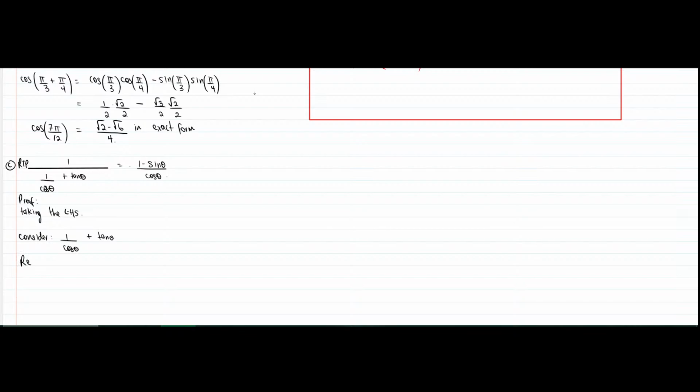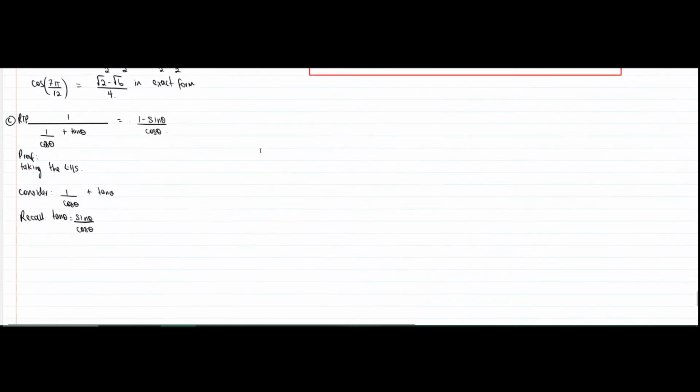If I recall, tan theta is sine theta over cosine theta. So 1 over cosine theta plus tan theta will be plus sine theta over cosine theta.